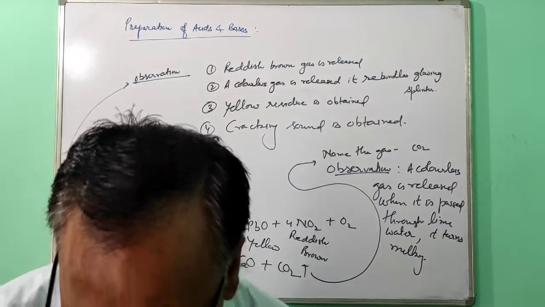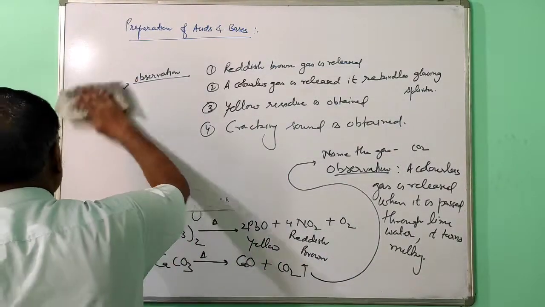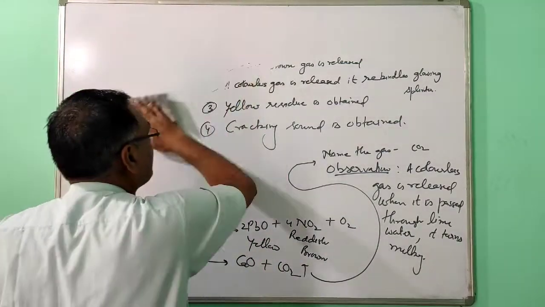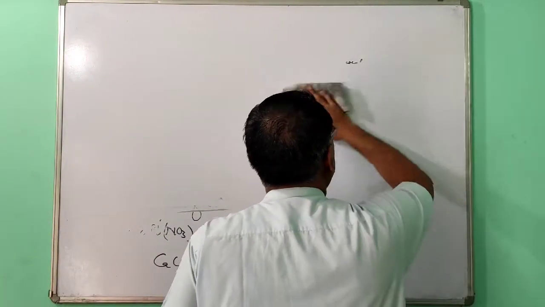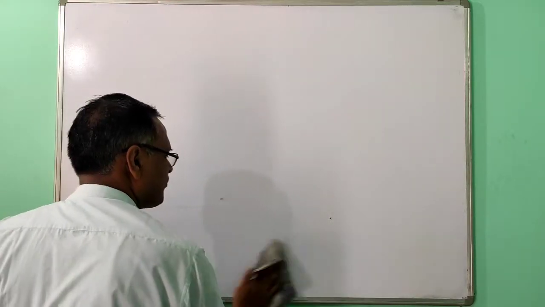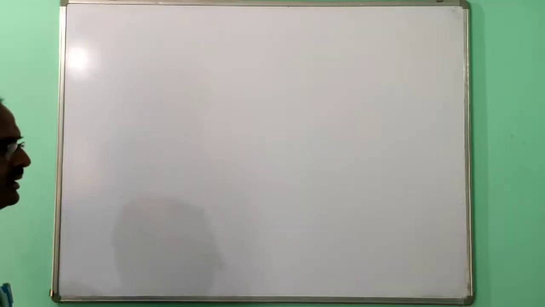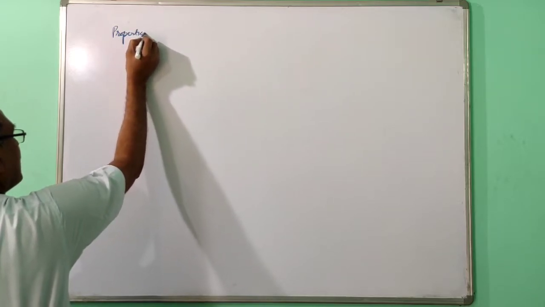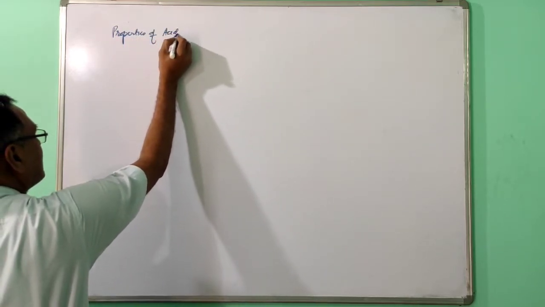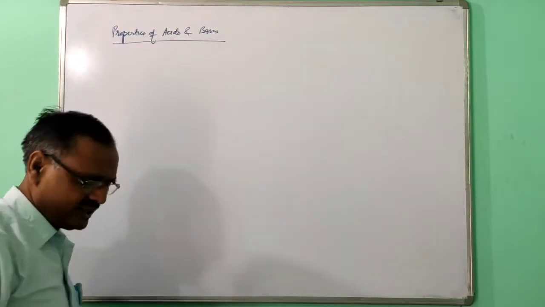Now the next one is properties of acids and bases. Go through your book, where physical properties are given.